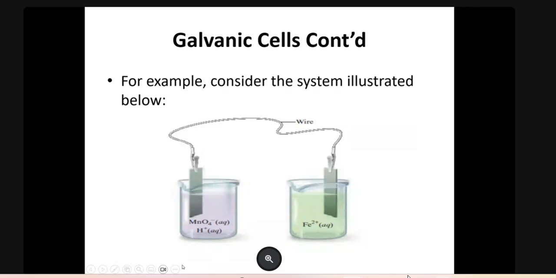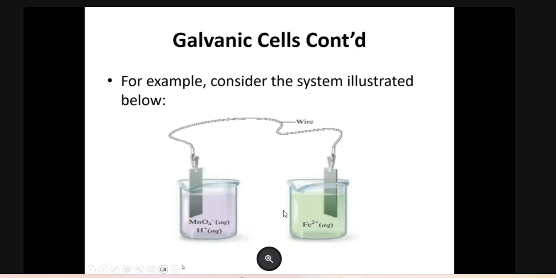So when electrons move from iron to manganese, this iron metal will start losing ions on the surface. So the iron metal will start losing ions into the solution.